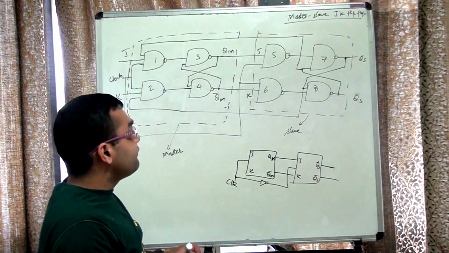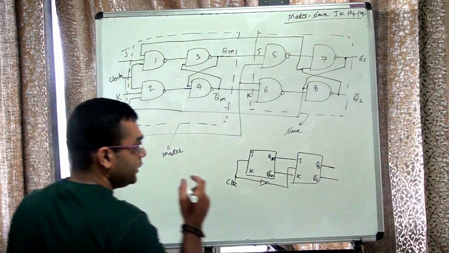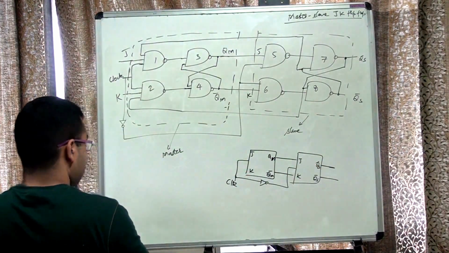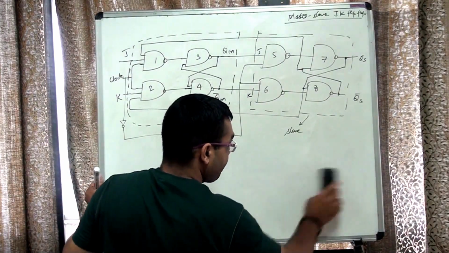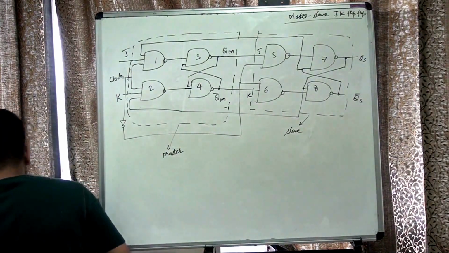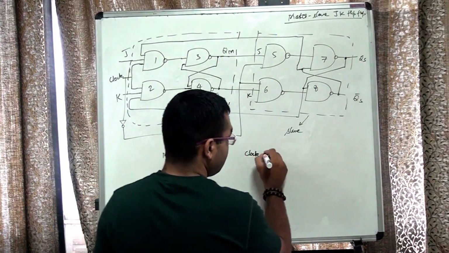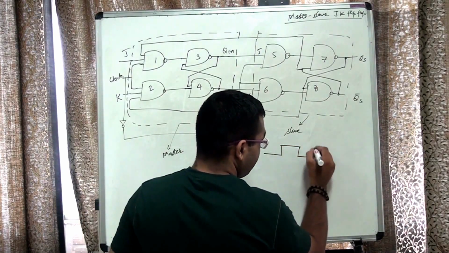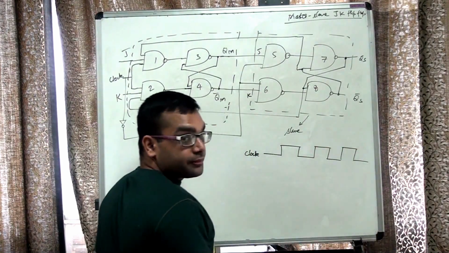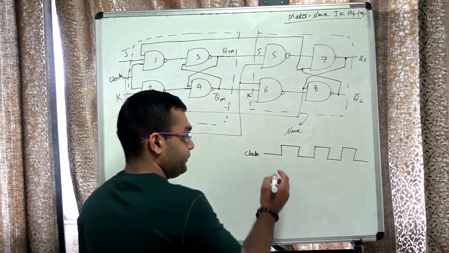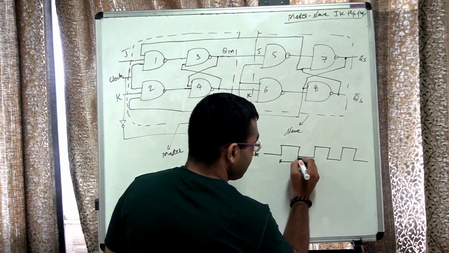Now how does the circuit work? Let me try to show it by the clock cycle transition. Suppose our clock is there, so we will have positive cycles and negative cycles. This is my positive cycle. What happens when the positive cycle of the clock comes?